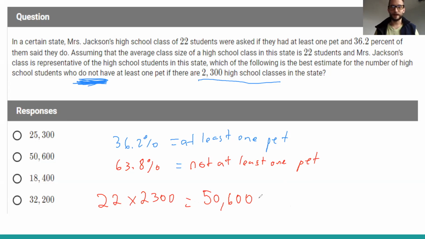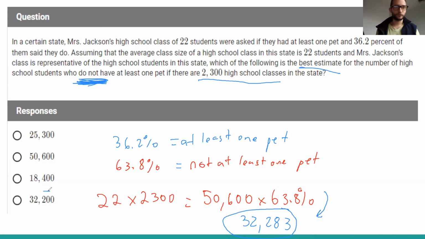And then we multiply that by 63.8%, which is 0.638, and our final answer is 32,283 if you round. So they asked which one is the best estimate. It would be D. So the answer to this question is D.